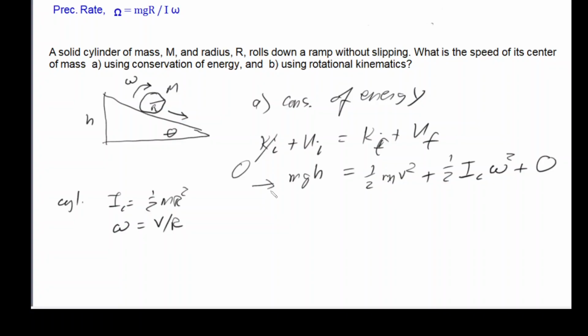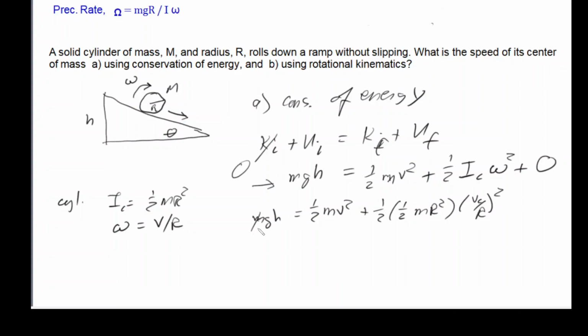So we get mgh is equal to 1/2 mv squared plus 1/2 I, which is 1/2 mr squared, times omega squared, which is v over r squared, and that's v of the center of mass.